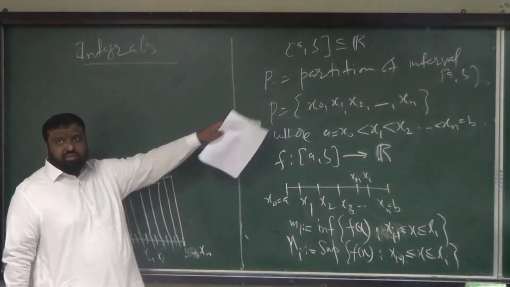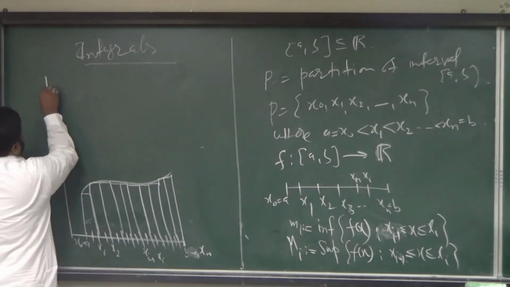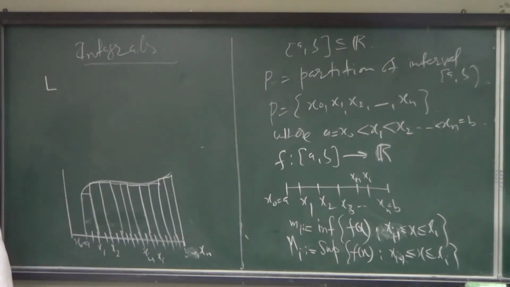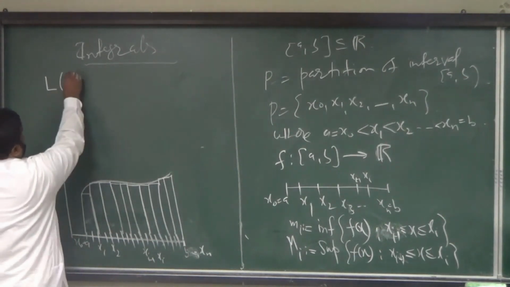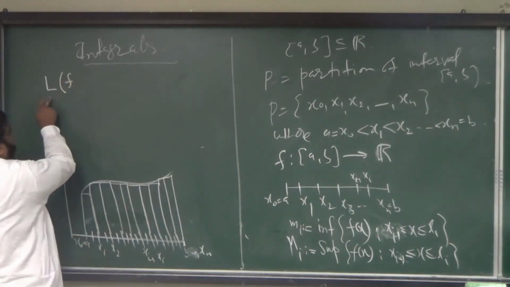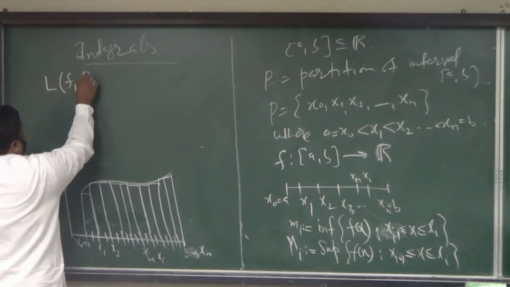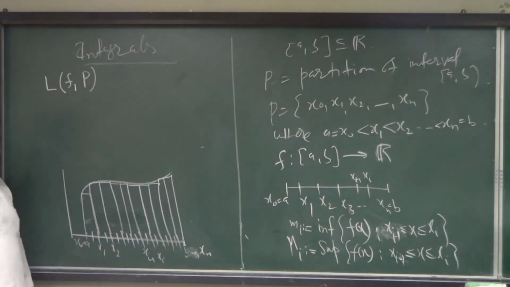I would like to define this notion, which we call the lower Riemann sum. I denote it by L(f, P), the lower Riemann sum of f according to the partition P.